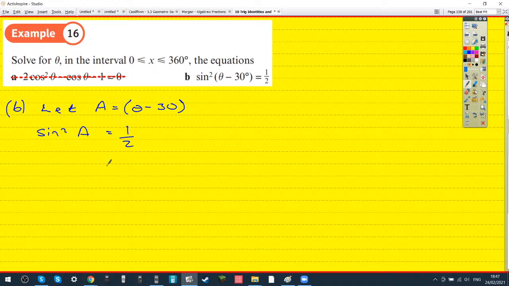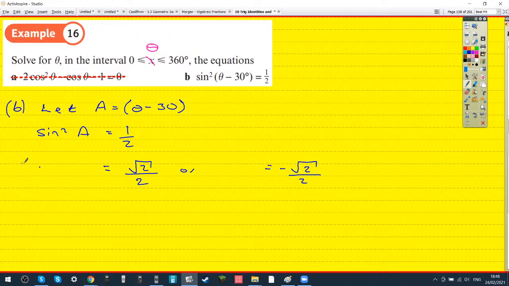And then do roots both sides. Say it again. Root both sides? Yeah. To get root 2 over 2. Plus or minus root 2 over 2. Well done. What's on the left side then?